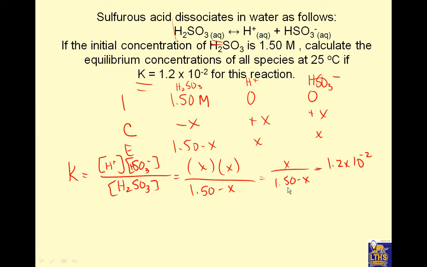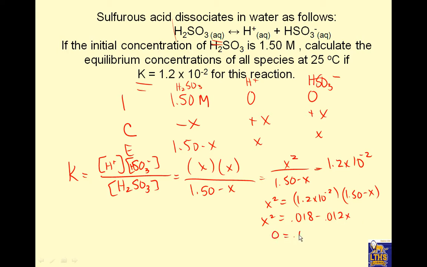Solving for X means, this should be X squared, because it's Texas. So we want X squared equal to 1.2 times 10 to the negative second times 1.5 minus X. X squared is 0.018 minus 0.012x.